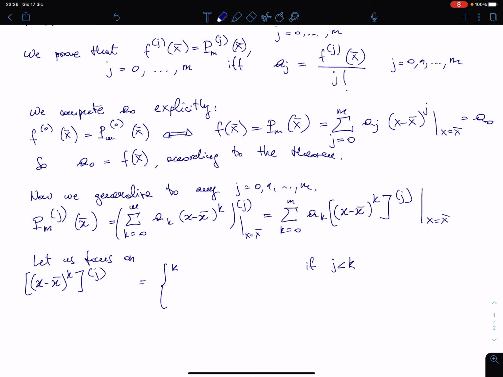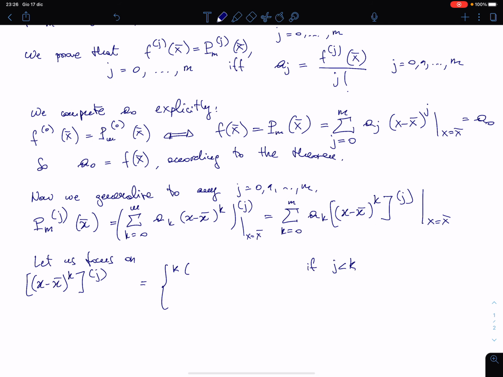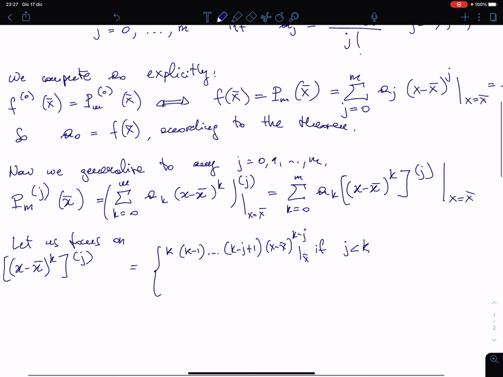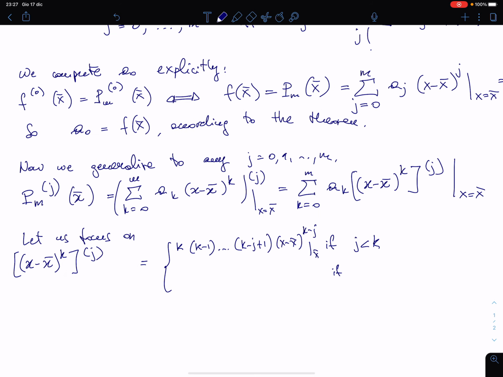We differentiate again, we obtain k minus 1. And then, after differentiating j times, we obtain j factors, from k, k minus 1, down to k minus j plus 1, times (x minus x bar) to the power k minus j, to be evaluated at x bar, if j is less than k. If j is equal to k, here we just have k factorial.